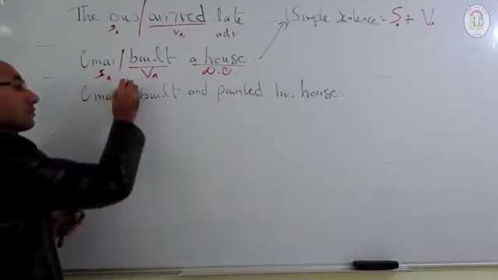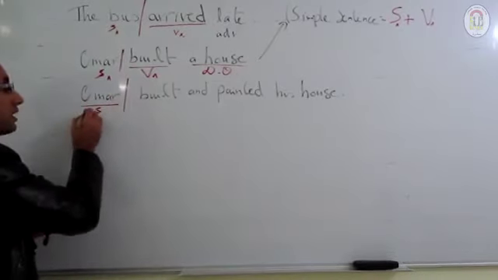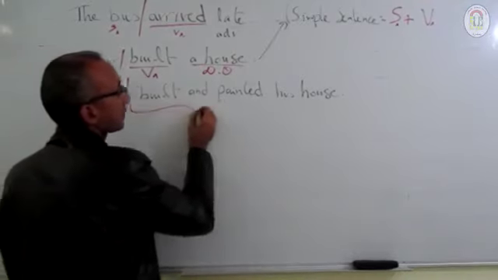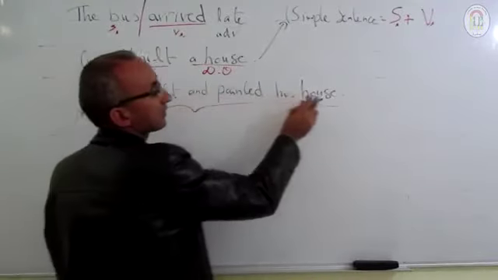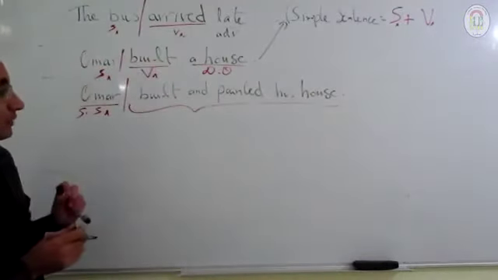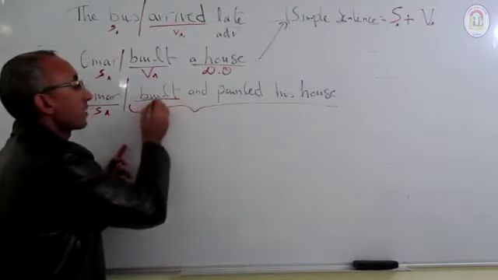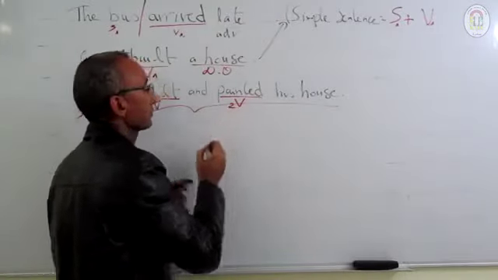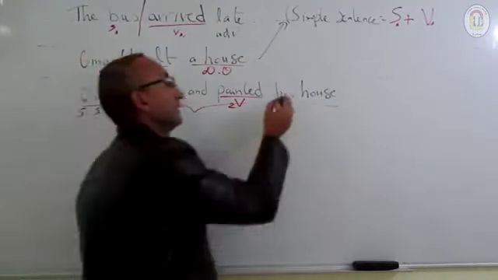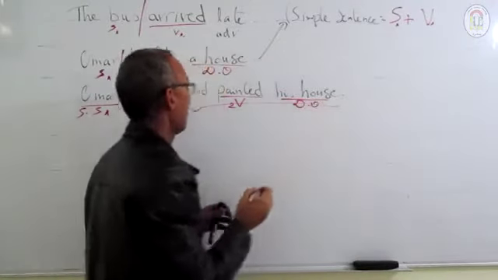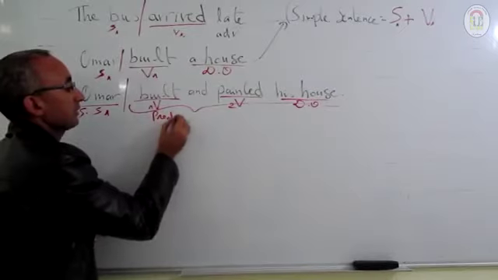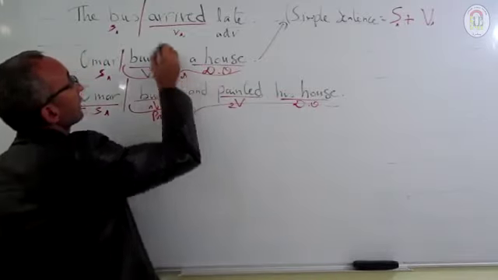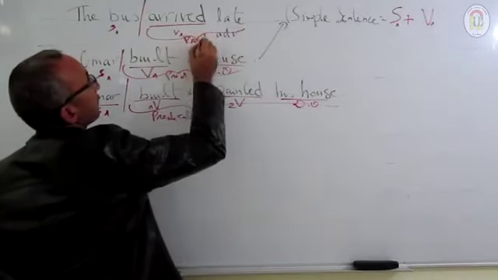I have my subject as Omar, a simple subject, it's only one subject, and I have my complete predicate, which starts from built until house. But look here, I have built as my first verb, and also I have painted, my second verb. He built and painted what? His house, my direct object. And here is my predicate. Here also is my what? Predicate. Here also is my predicate.